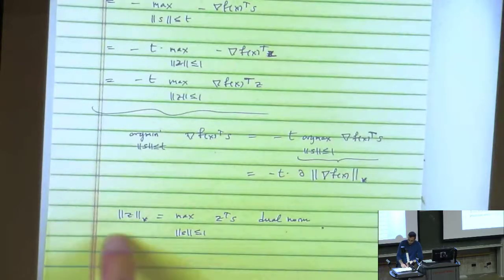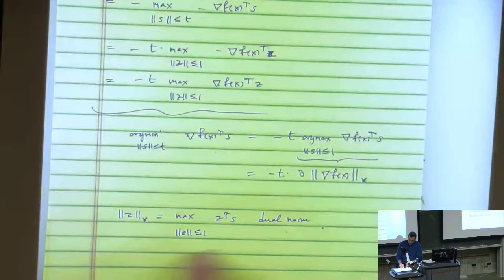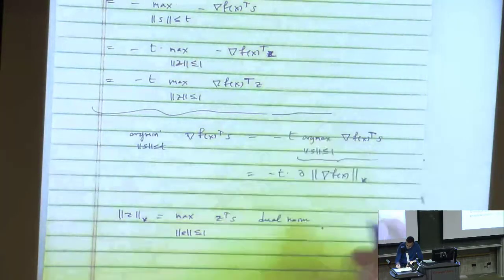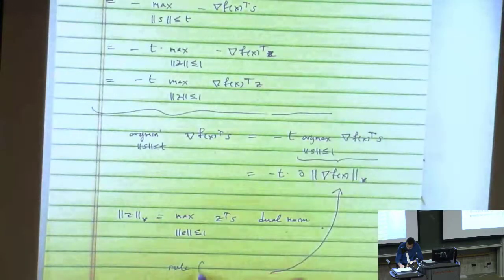And if I ask you for subgradients of this, then by your rule for the subgradients of maxima, it's the maximizers here. If you're confused about that, then go back and look at the slide on the lecture on subgradients. So this comes from the rule for subgradients of max.